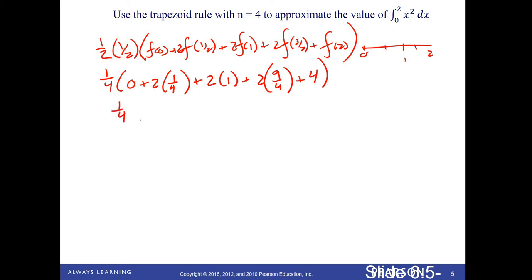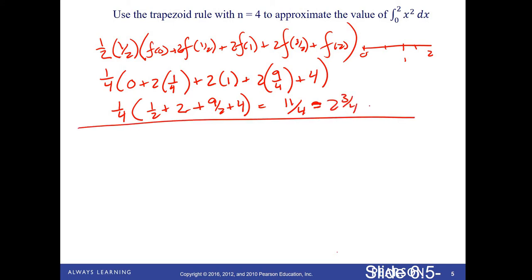So I now have 1/4 of 1/2 plus 2 plus 9/2 plus 4. And if I do all of that, I will get 11/4, or 2 3/4. Okay, so that's my trapezoidal approximation.